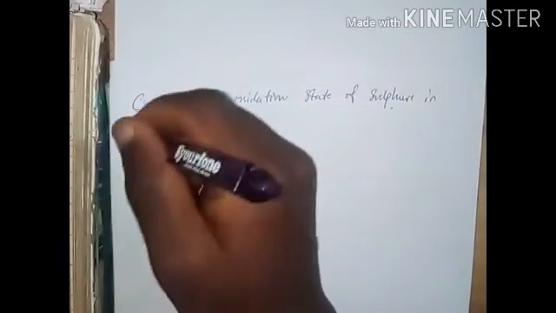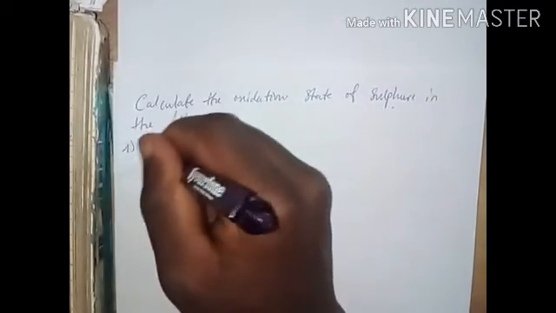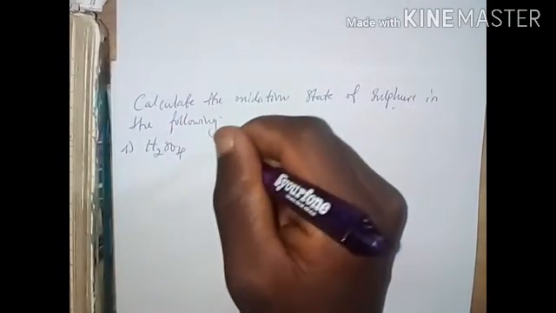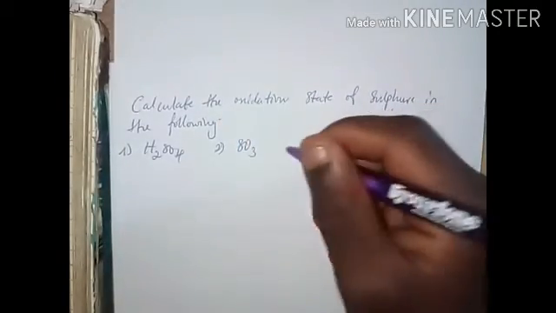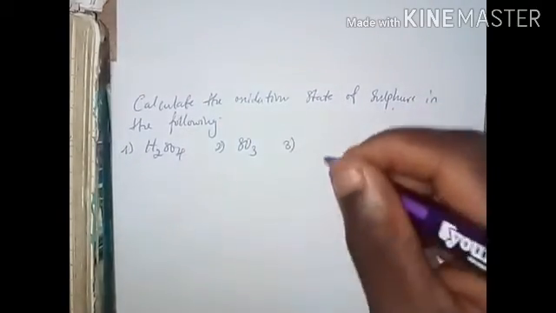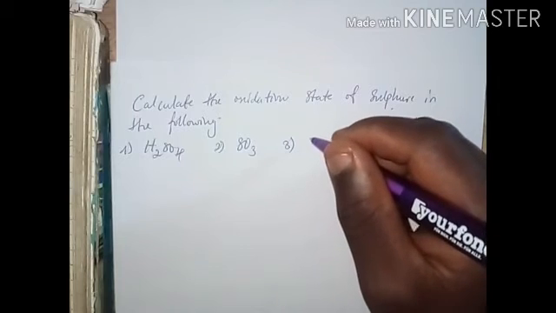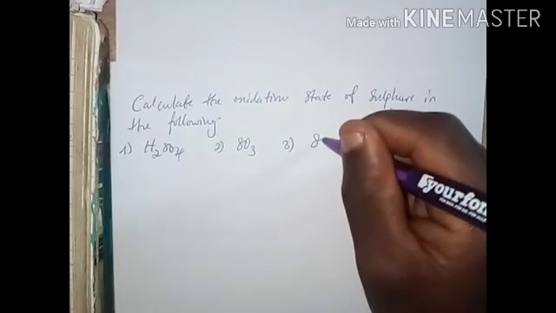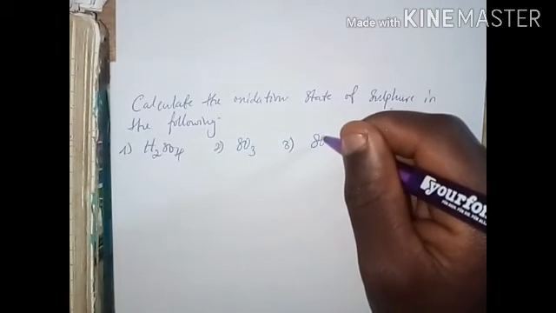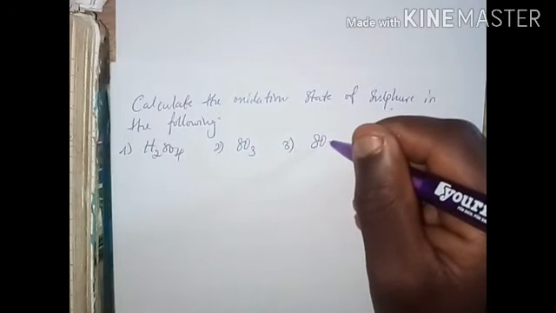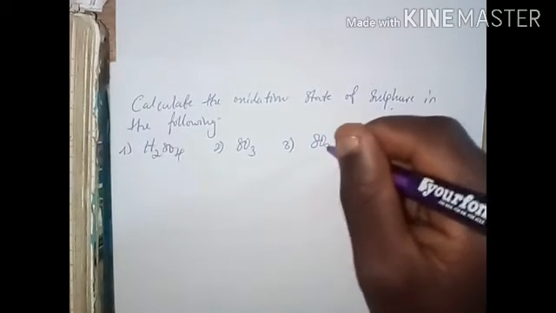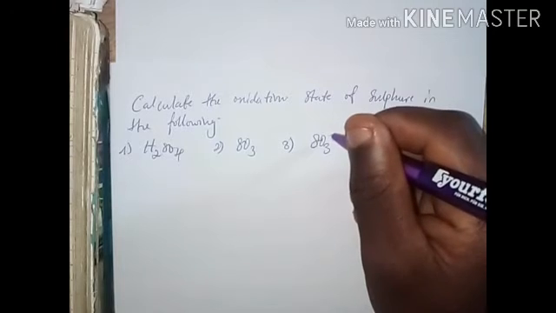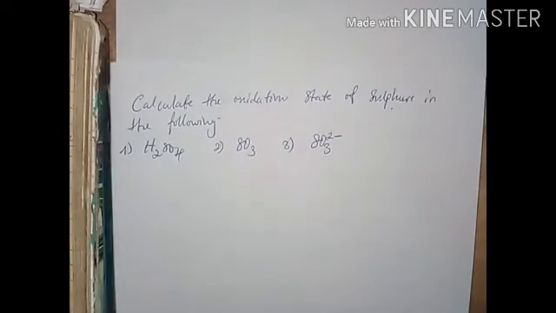For example, we can have 1, sulfuric acid. Let us say 2, we can have maybe sulfur trioxide, and let us say 3, you can have a sulfate ion. Or let us say we have a sulfite ion. Let us take a sulfite ion.